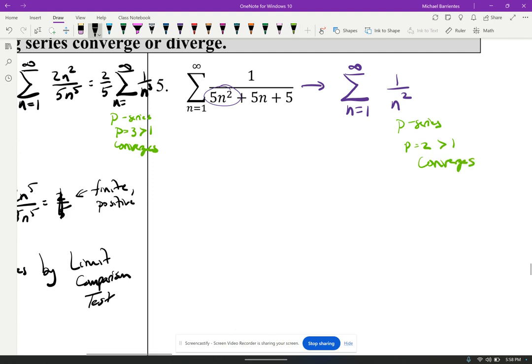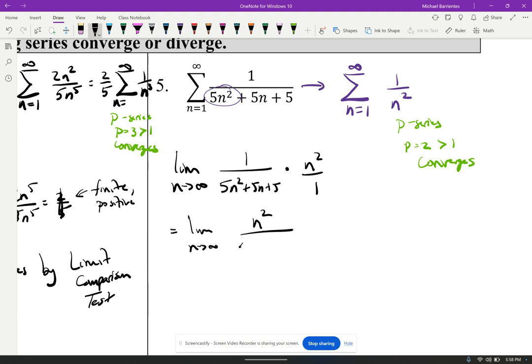Great, now let's take the limit. I'm going to take the limit as n approaches infinity of the original one divided by the new one, but dividing means multiplying by the reciprocal. And so I can do this. I'm going to take the limit as n approaches infinity of n squared over 5n squared plus 5n plus 5.